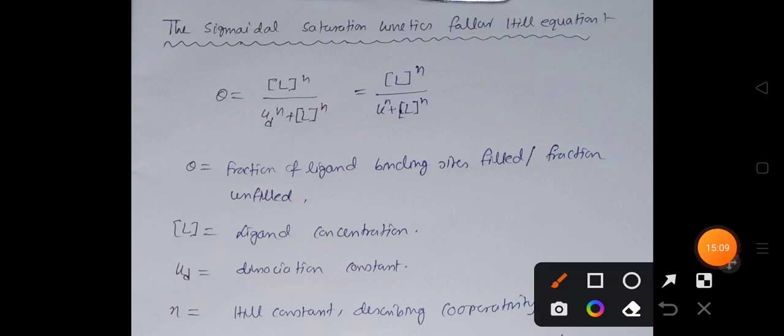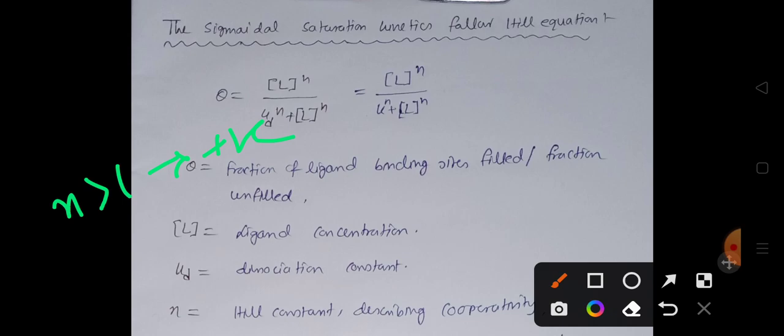We can determine the value of n by determining the number of sites available, that is, the number of ligand binding sites, and also the strength of the cooperativity. If the value of n is greater than 1, it will show positive cooperativity. What is the meaning of positive cooperativity?